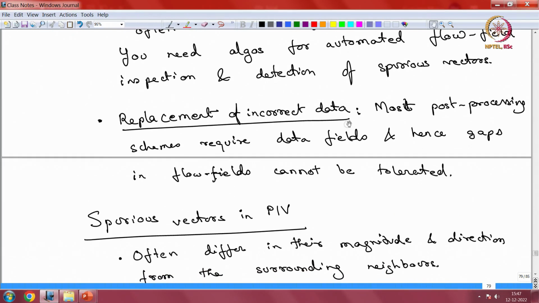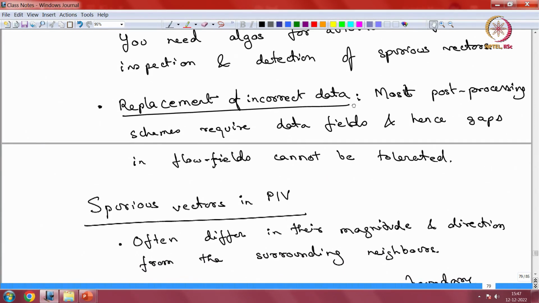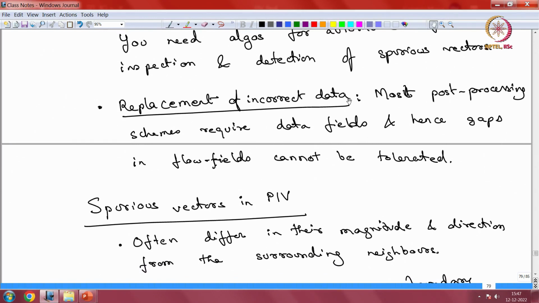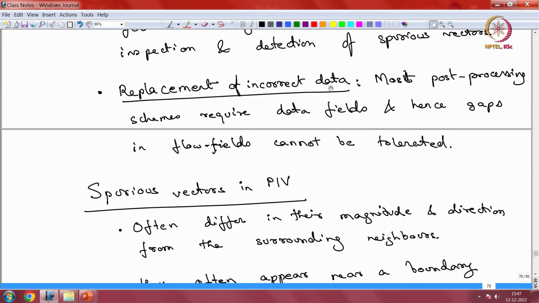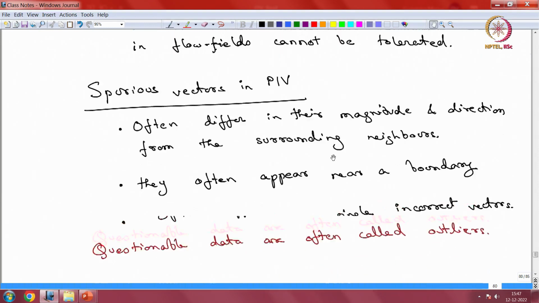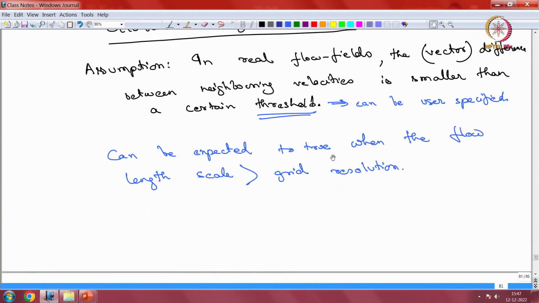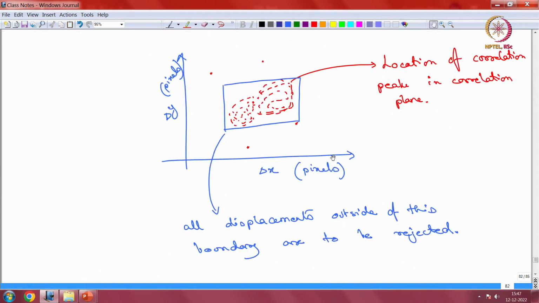If hopefully the whole thing has gone well and you have only had to replace a very small number of velocity vectors, maybe 1 or 2 vectors in 100, so 1% or 2% rejection, in that type of situation you can use interpolation. So you already have the velocity field, and then use interpolation to calculate the new velocity. Wherever you have gotten rid of the velocity vector, you calculate the velocity vector at that grid location using an interpolation scheme.